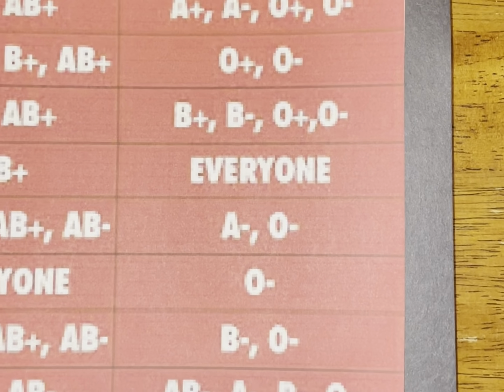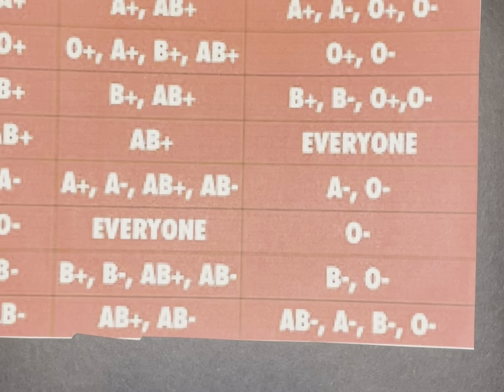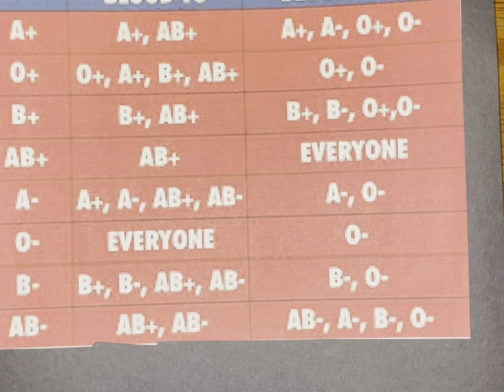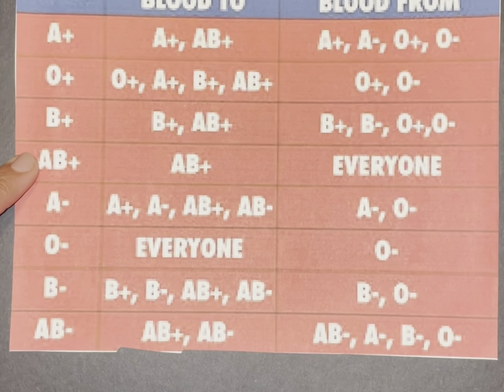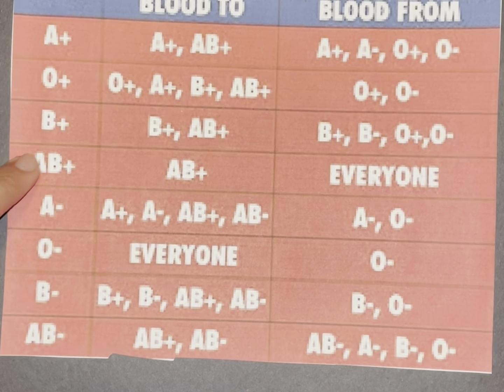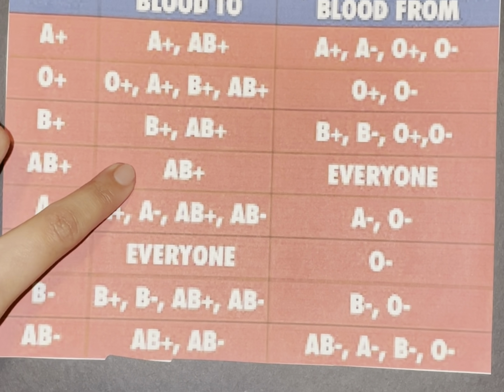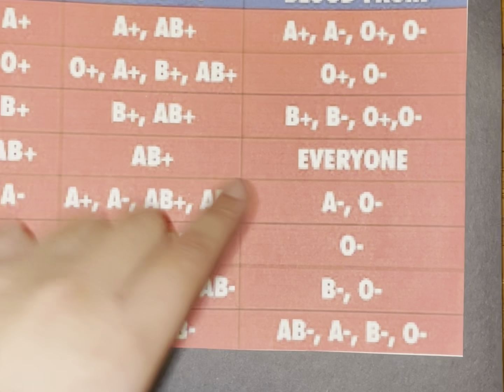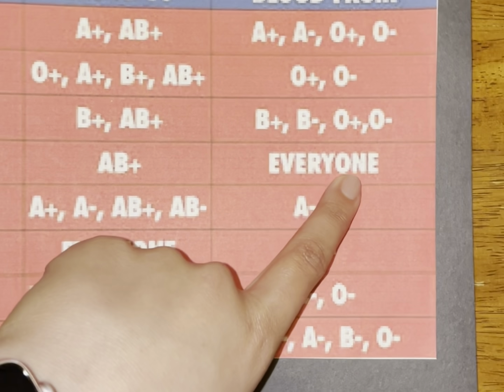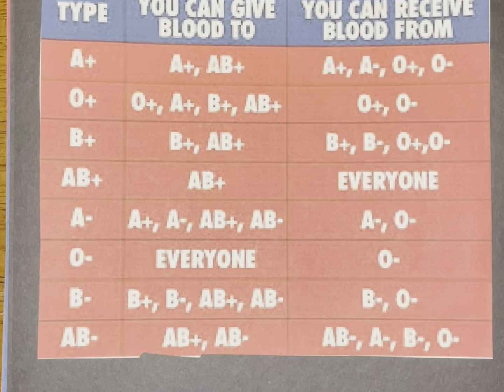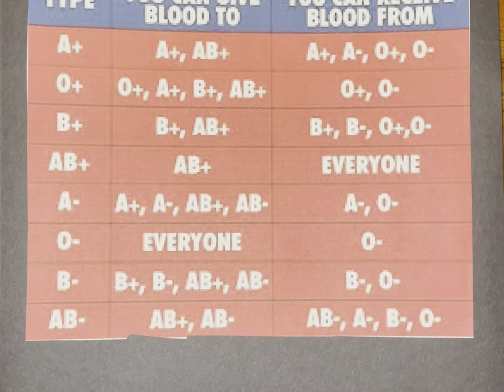And this third row shows who you can receive blood from. As you can see, AB positive, you can give blood to AB positive, but you can receive from everyone. And that closes out the blood section.